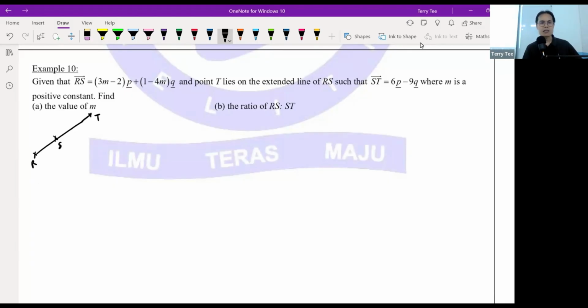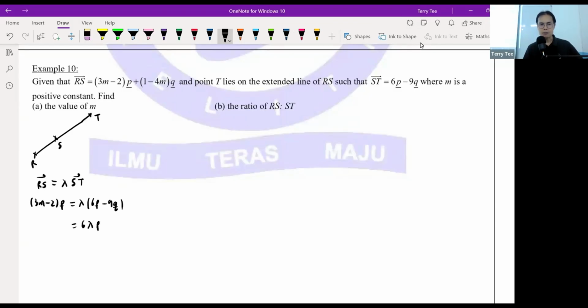Okay, so basically, we know RS should be lambda ST. Your RS is (3M minus 2)P plus (1 minus 4M)Q. Your ST is 6P minus 9Q. I think we can factorize your lambda here, right? 6P minus 9Q, we can take out 3. Wait, sorry, we can't factorize, you have to expand.